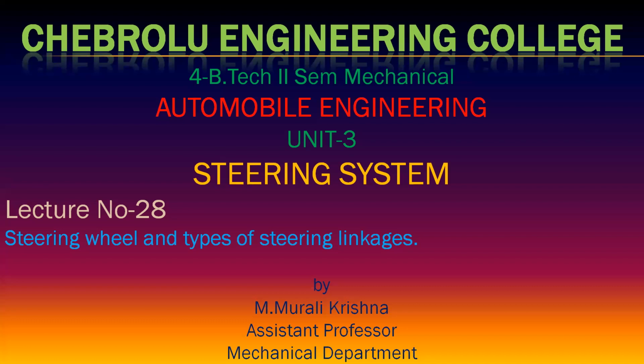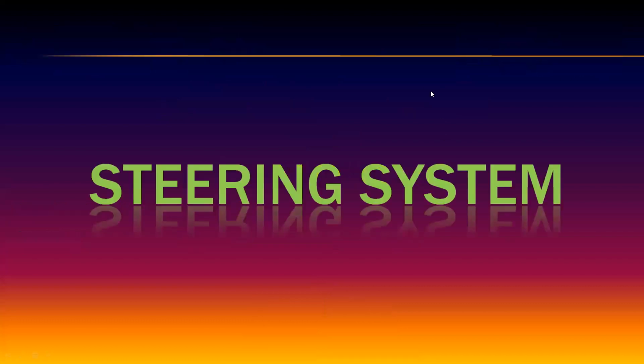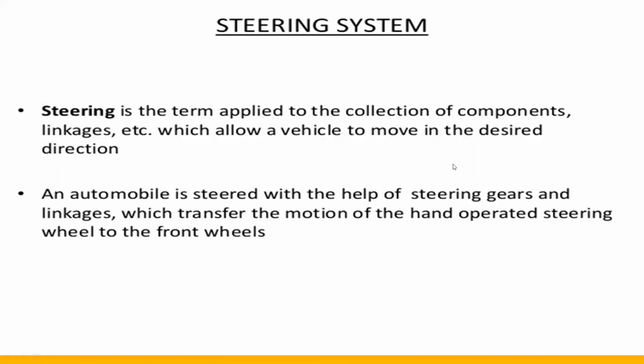Today we will see what the steering wheel is and what the steering linkages used in the general arrangement of this steering system are. You already know about the steering system.